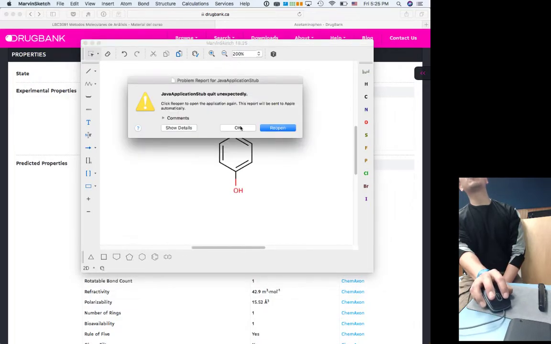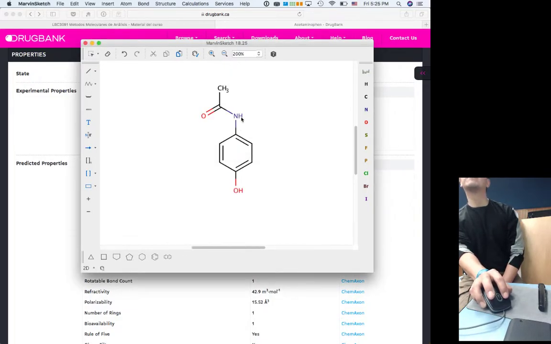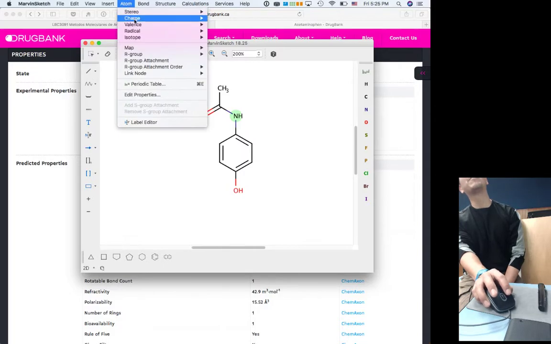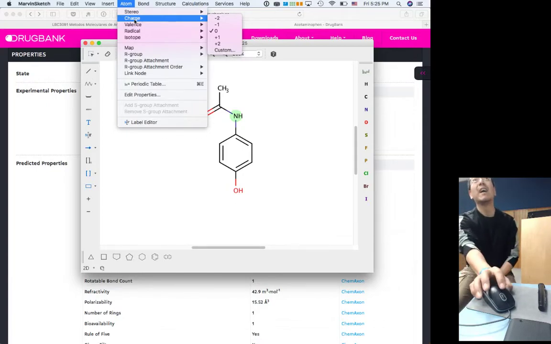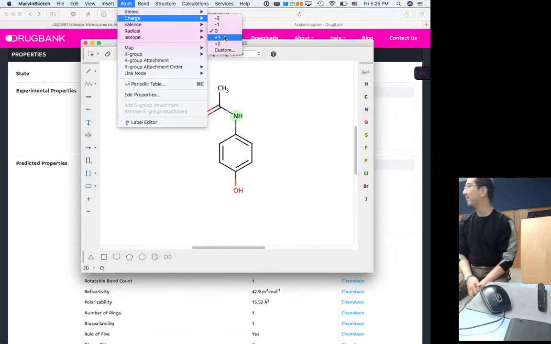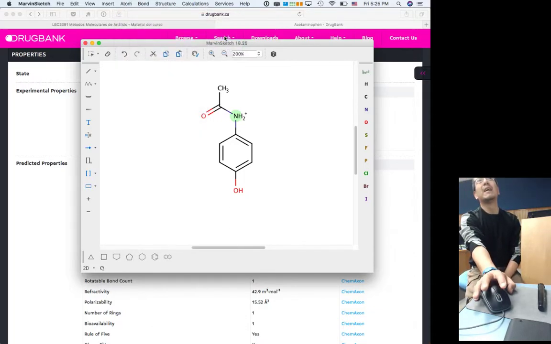Let me show you a little trick. I'm going to change the charge of the nitrogen, so I have to click on it, go to atom, and quite simply and literally change the charge. And set it to +1, right? That would be a protonated nitrogen. So go to atom, charge, and select +1. That one, NH2.